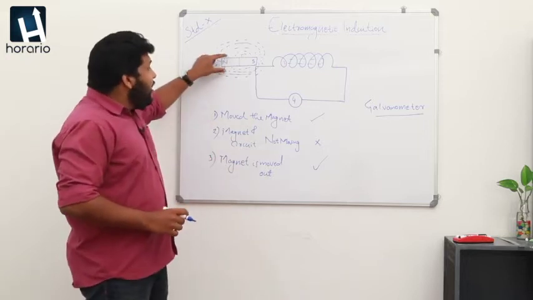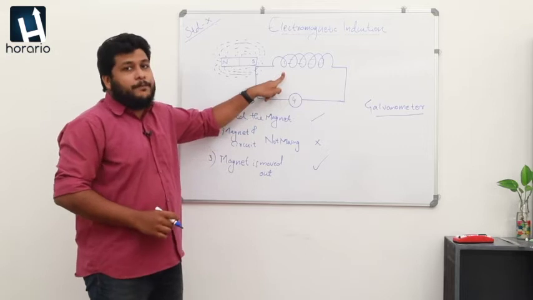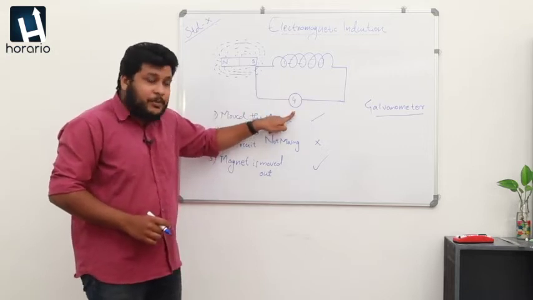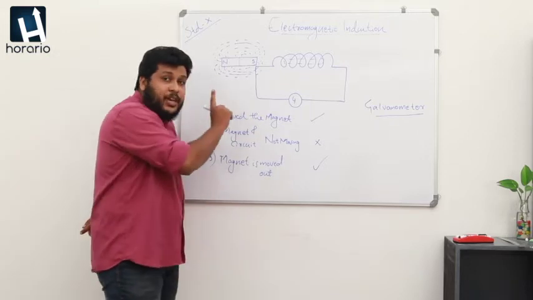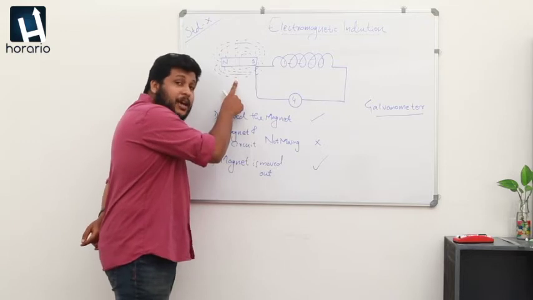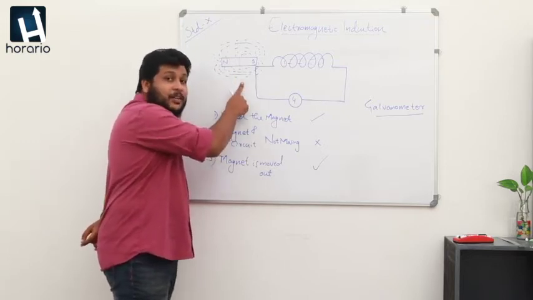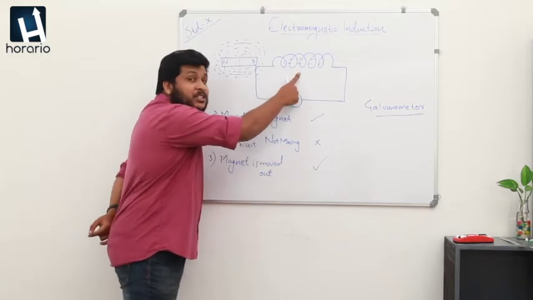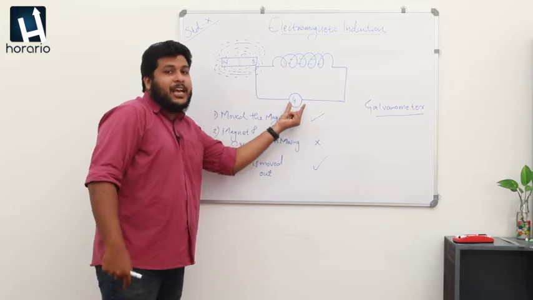So when this magnetic field is interfered with by the solenoid, it results in the formation of electricity. It is very important to know that the change of magnetic field, or the interference in this magnetic field caused by the solenoid, results in the formation of electricity in the galvanometer.